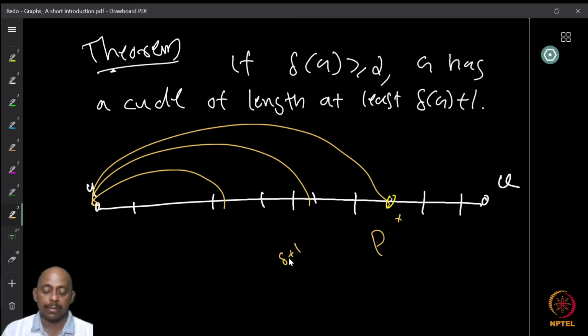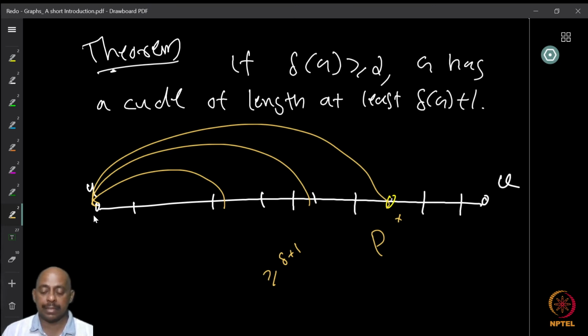So now I have this path from U to this vertex. But because this vertex is a neighbor of U, I can go back to U from this vertex. So this path of length at least delta, plus this edge, defines a cycle whose length is at least delta plus 1. Because delta plus 1 vertices need at least delta edges, and together with this edge, it will be at least small delta of G plus 1.